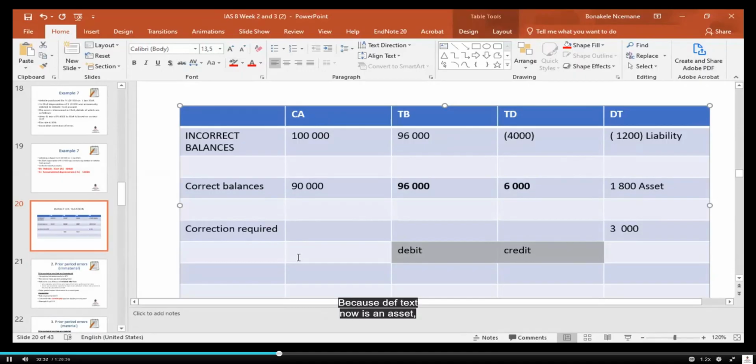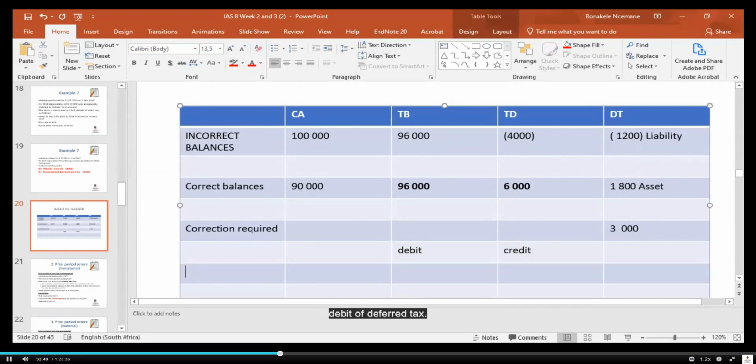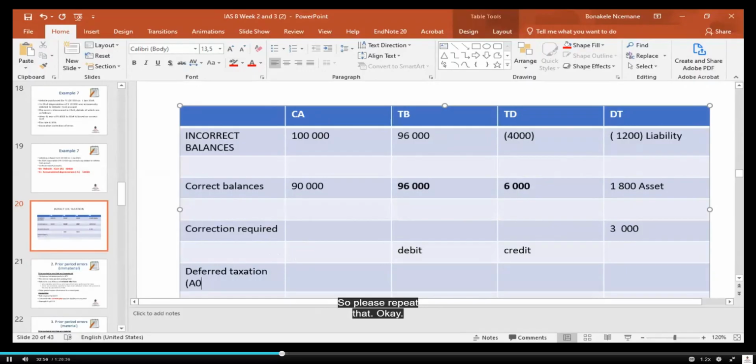Because deferred tax now is an asset, we're going to have a debit of deferred tax. Can you please repeat it? 3,000. Okay, let me just write the journal of 3,000.